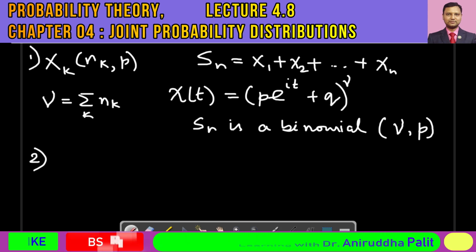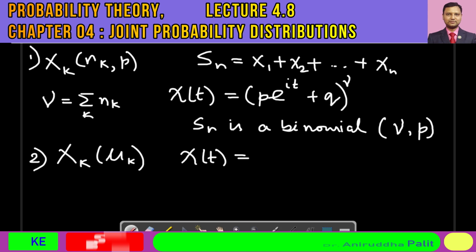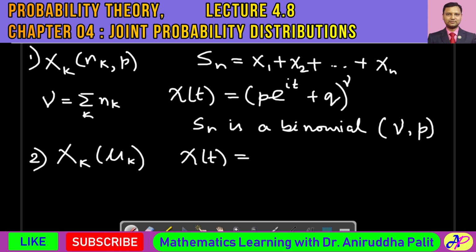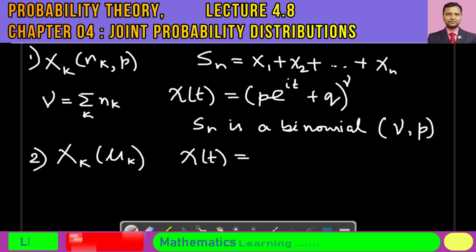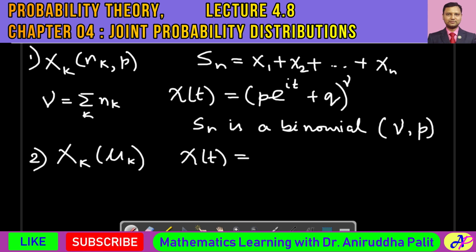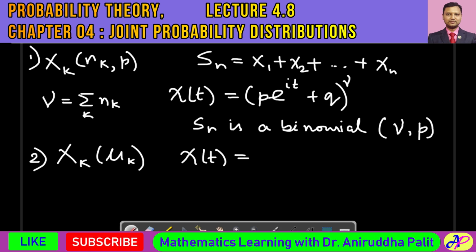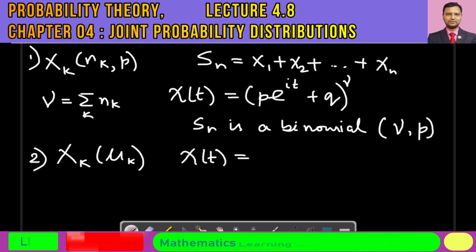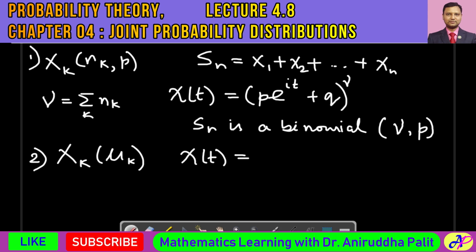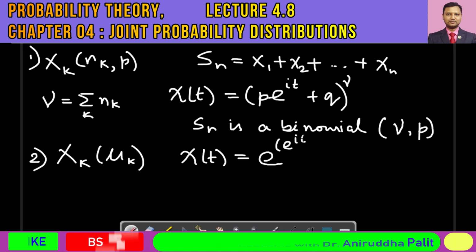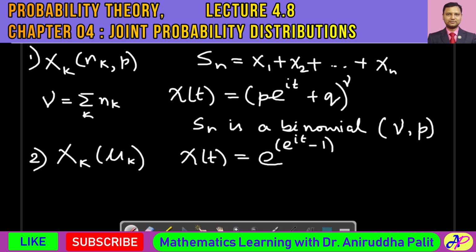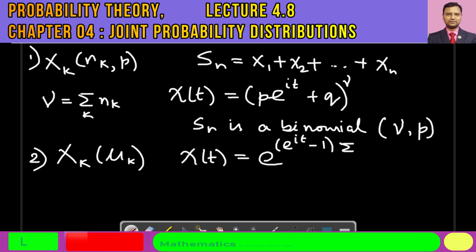In the second result, in case of the Poisson distribution, if xk is a Poisson variate with parameter mu k, then the characteristic function of Sn is eventually proved to be chi t equal to exp of (e to the power of i t minus 1) into the summation of mu k.